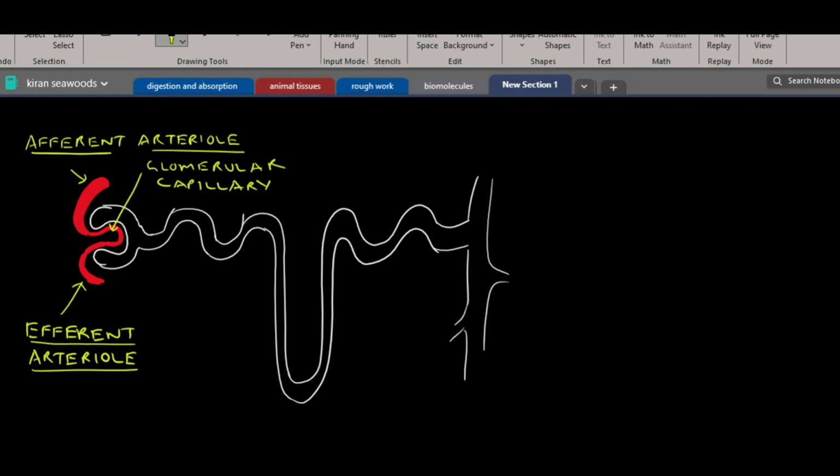So the lumen is narrower in this case, and in the other case it's a wider lumen.